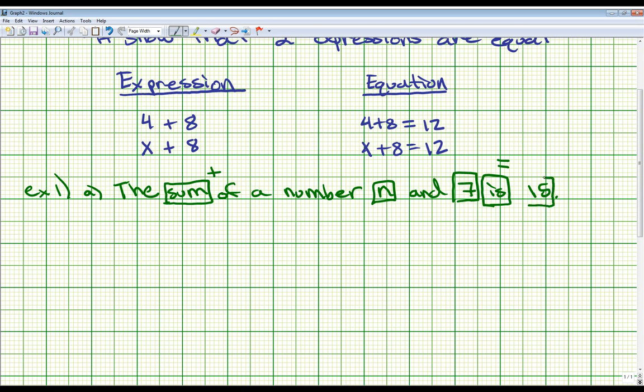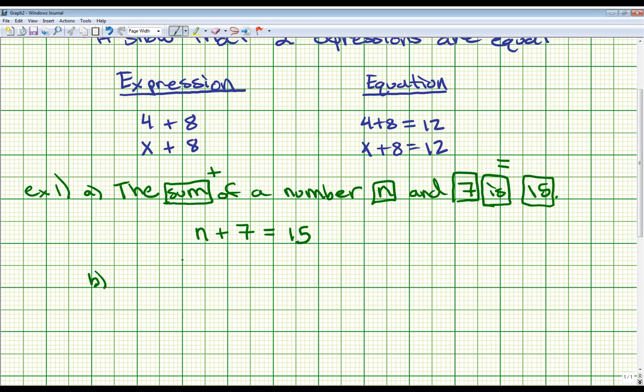And then the number 15 is going to be important here. So we're going to be adding n and 7, and it's going to have to equal 15. So now we just have to write that down as a number sentence. So n plus 7 is 15. So the sum of a number and 7 is 15, is what we've just written there.